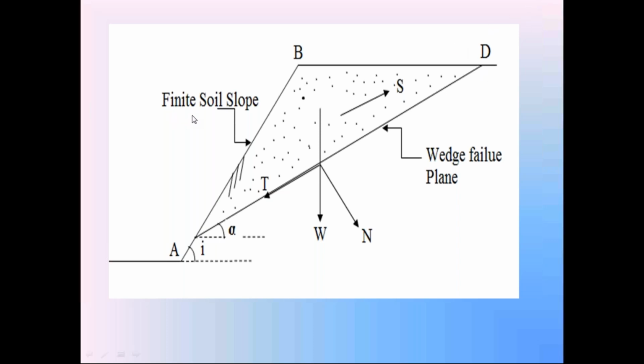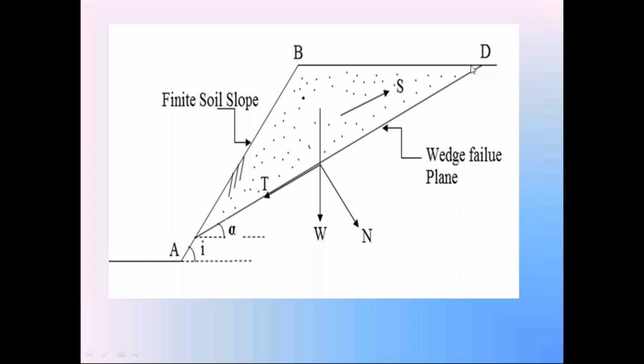You know that the finite soil slope is subjected to three types of failures: rotational failure, combined failure, and also wedge failure. Sometimes this soil slope is subjected to wedge failure along this plane failure surface.